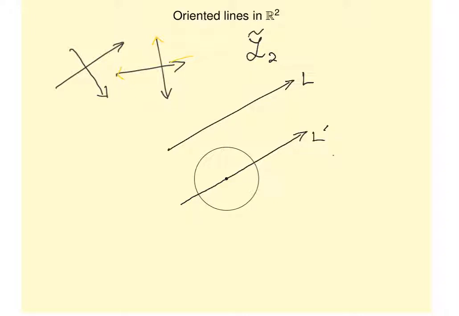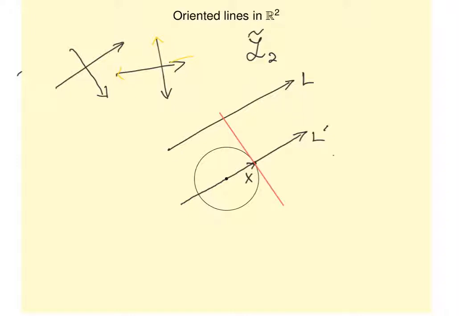So now I look at where the L prime intersects the circle. There are 2 points, and I take the one that is further along in terms of the orientation, and I call that vector from the centre of the circle to that point X. And now I'm going to draw the tangent line to the circle at the point X. Okay, there's my tangent line.